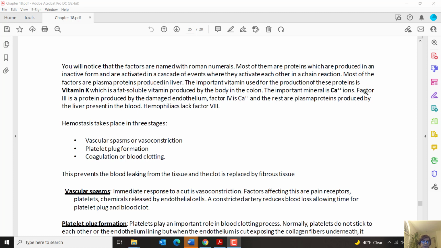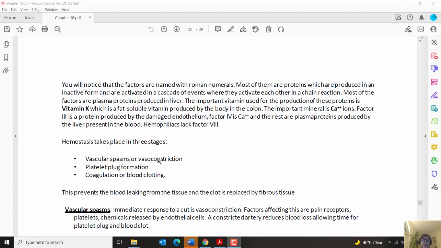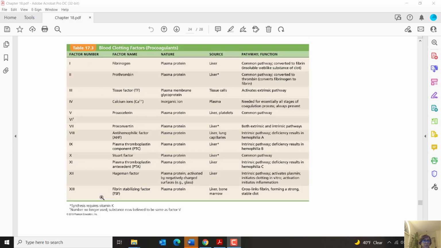One of them is calcium ions, and many of them are plasma proteins produced by the liver in the presence of vitamin K. So suppose I ask, what dietary components are required for clotting of blood? You have to say calcium ions and vitamin K. These two are essential. And of course, we need all these 12 factors.